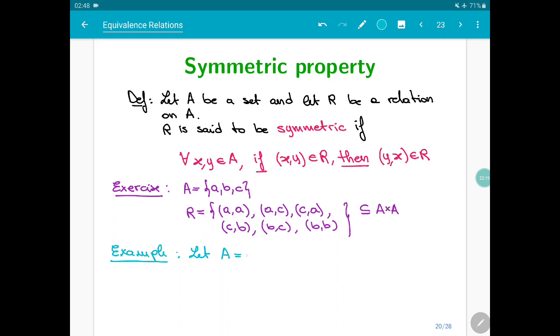So consider the set of integers and consider the following relation.